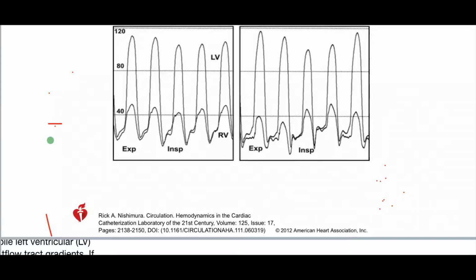Now, the low flow of blood to the left side of the heart during inspiration will decrease the LA pressure because you have less blood. But the LV pressure also goes low during inspiration.